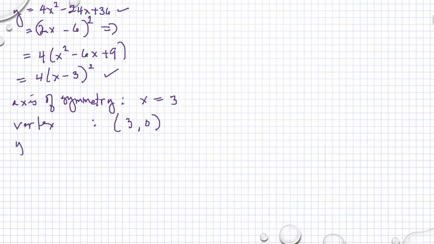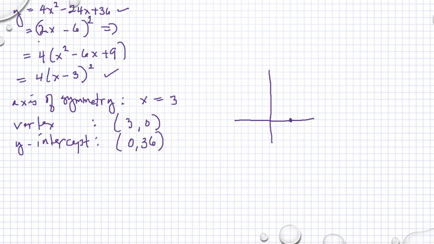And then your y-intercept, when x is 0, then you have 36. (0, 36). That's a big number. But if I have this one now, so when I have (3, 0), there is my vertex.